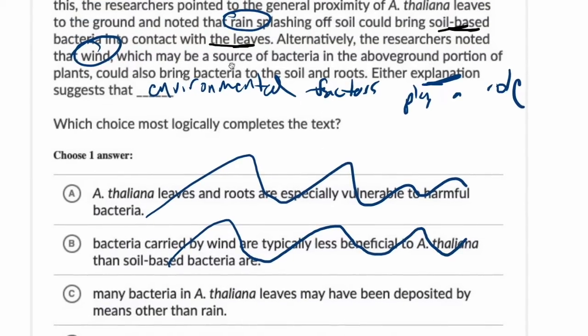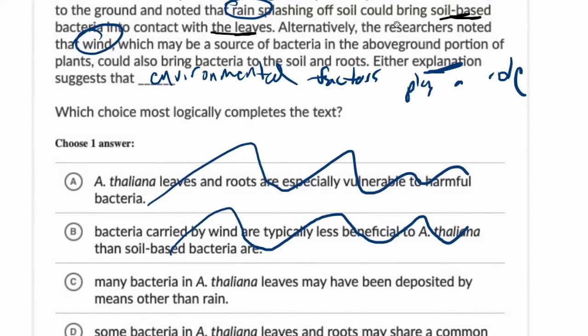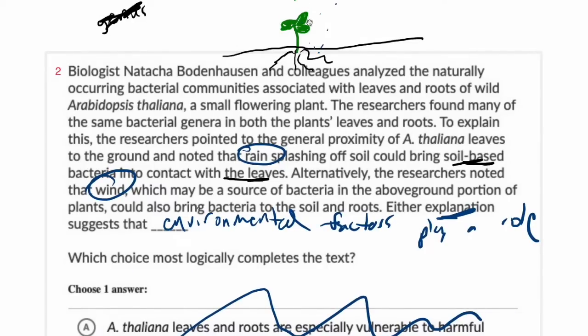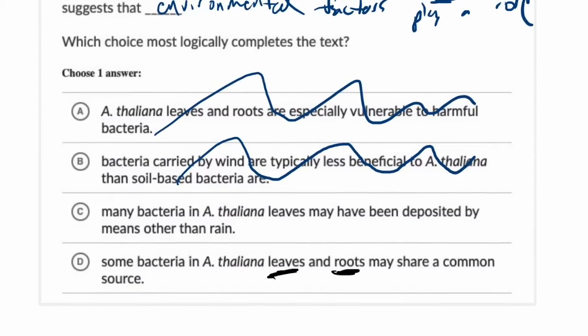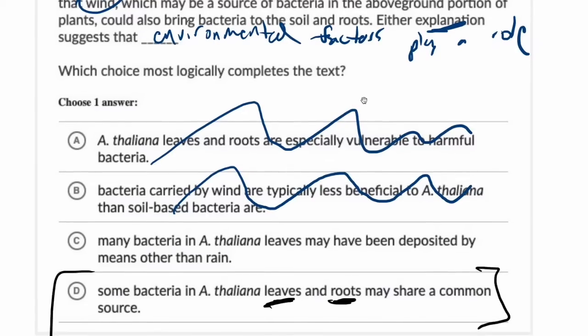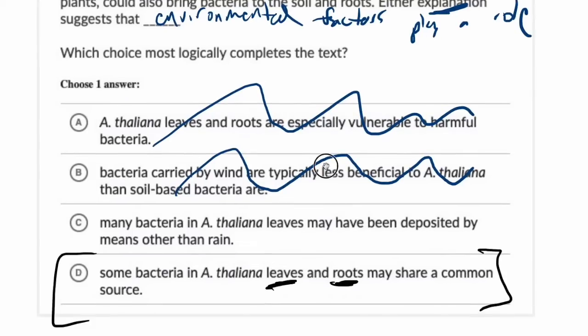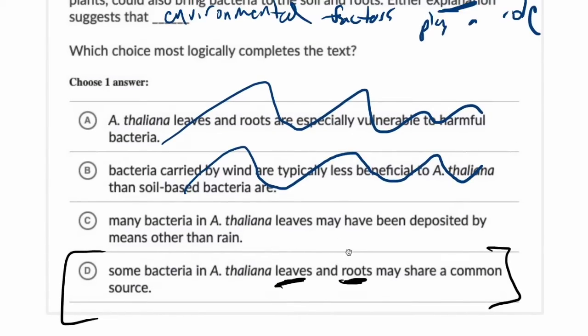And then alternatively, the wind could bring bacteria to the soil and roots. So the wind might blow bacteria onto the above ground portion, but also bring it back to the soil and roots. So either way, they may share a common source, whether that common source is the wind or the rain or the soil that the rain is splashing off of. And so D should be our answer on that one.